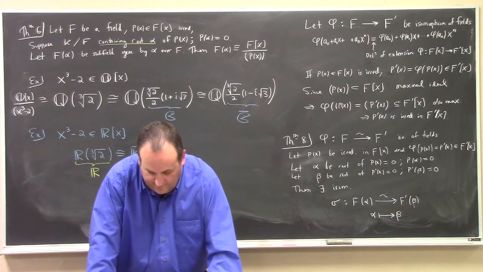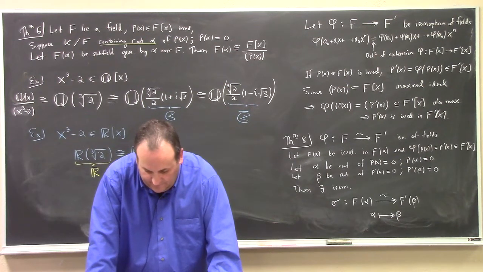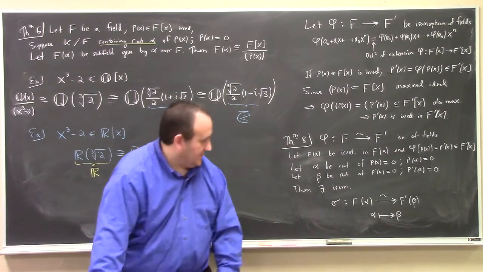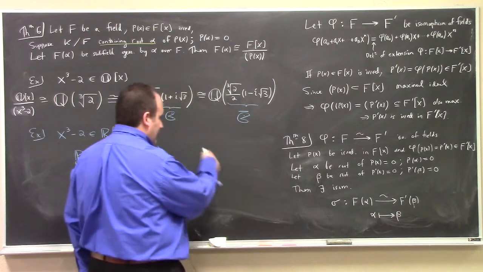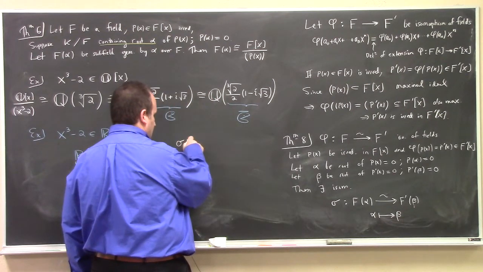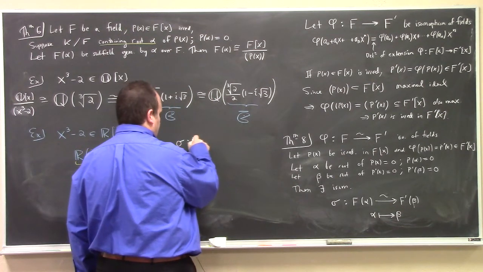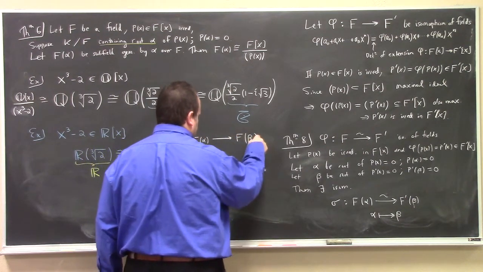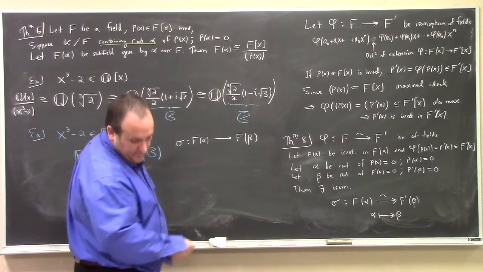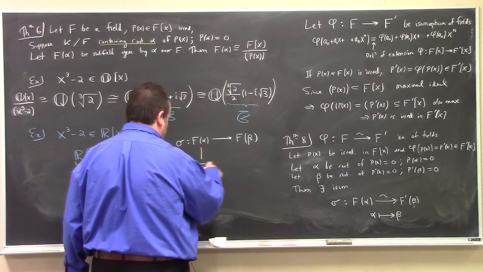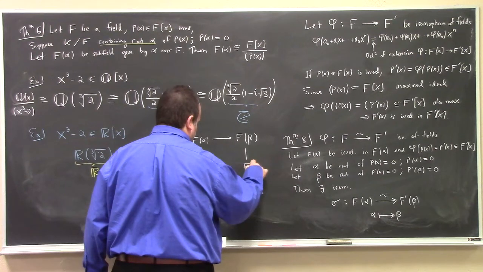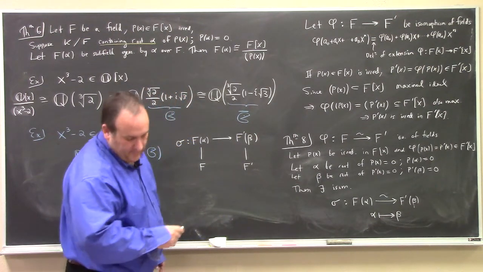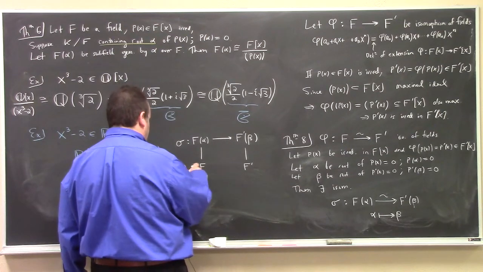And he says, okay, well, this extension theorem will be of considerable use when we consider Galois theory later. Because you can kind of picture it. I'll draw the picture over here. So we have sigma, we've got F of alpha, F prime of beta, like this, and those are over F and over F prime, and down here we have the original map phi.